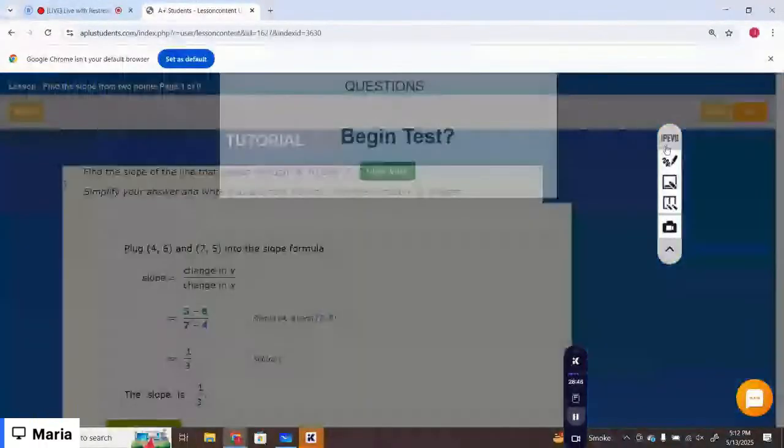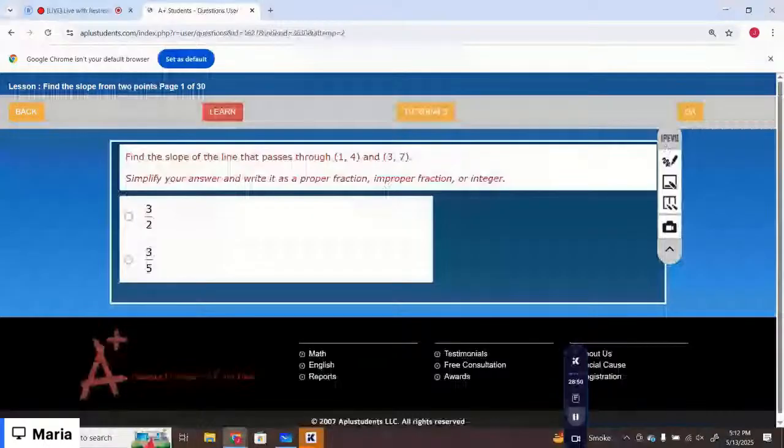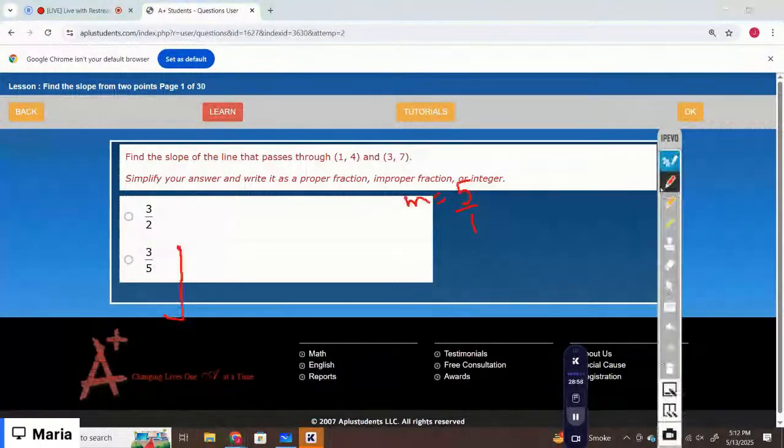Let's just start with the test questions. Find the slope of the line that passes through 1, 4 and 3, 7. So 7 minus 4 divided by 3 minus 1. 7 minus 4 is 3 and 3 minus 1 is 2.